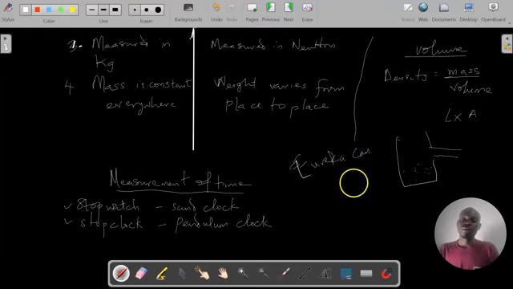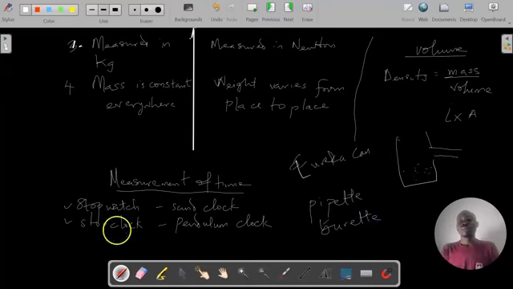For the volume of irregular solids, you make use of a Eureka can. But if it is liquid, you make use of a measuring cylinder, pipettes, and burette. You do more of that in chemistry.